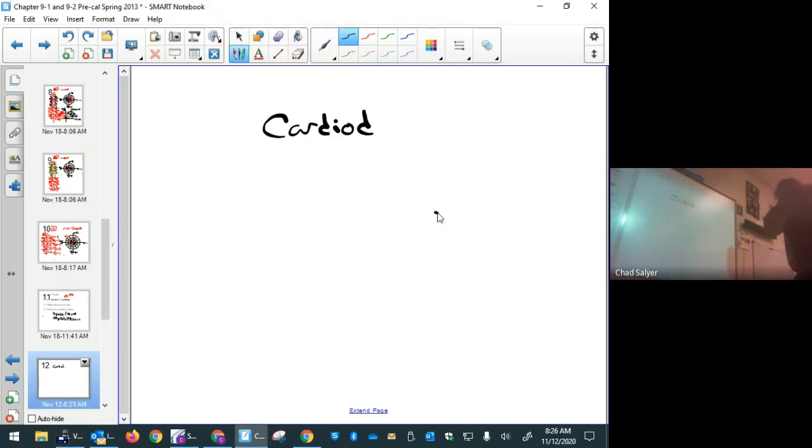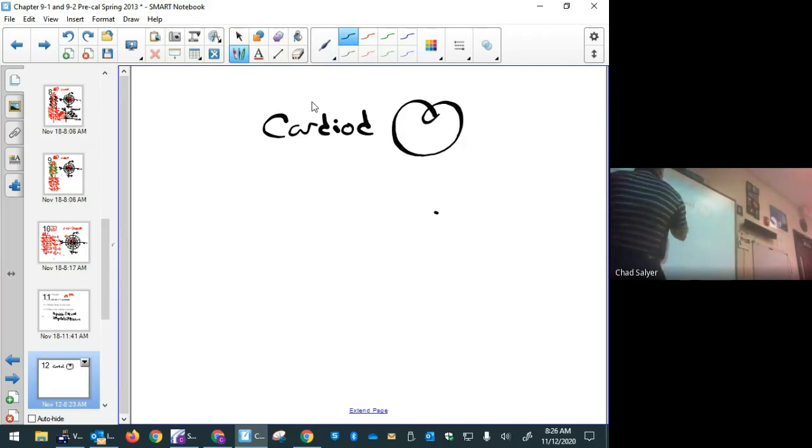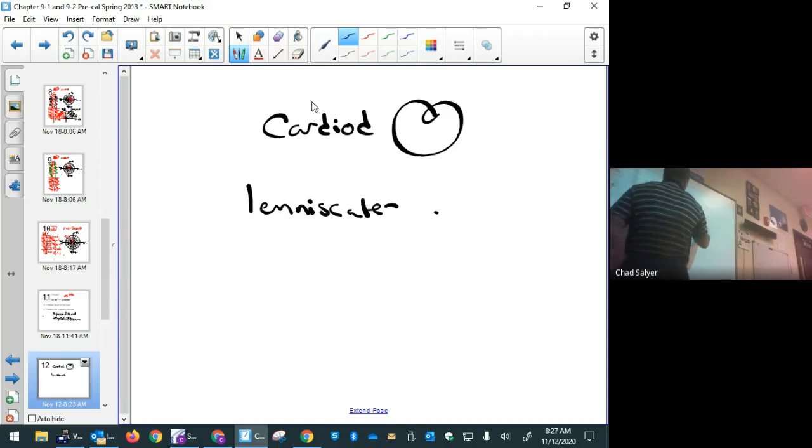So that's a cardioid, and it's also called a limacon. Then there are things called lemniscates. Lemniscates are pretty cool.